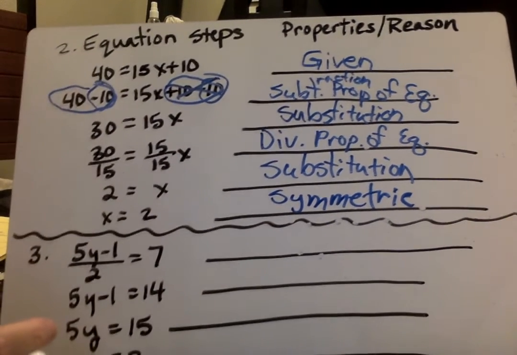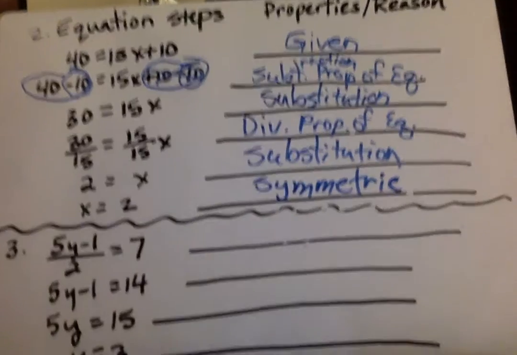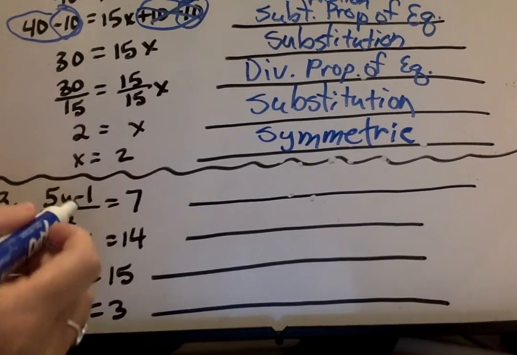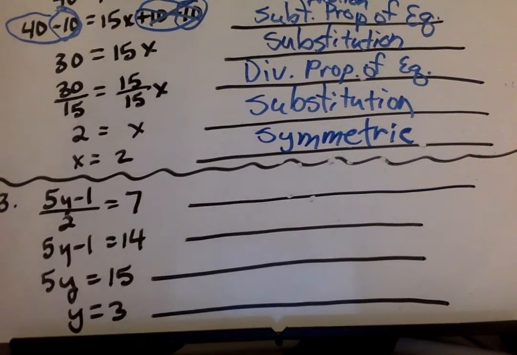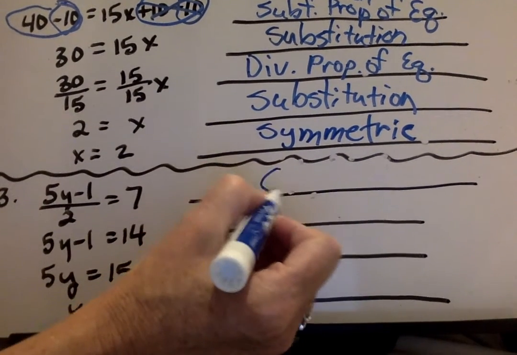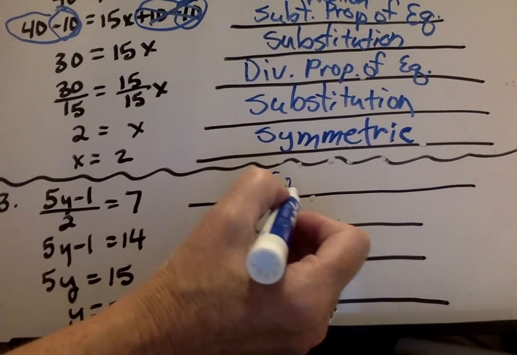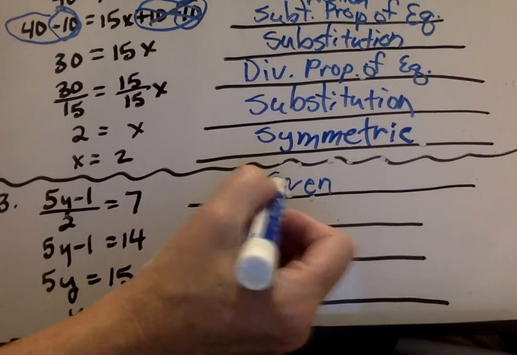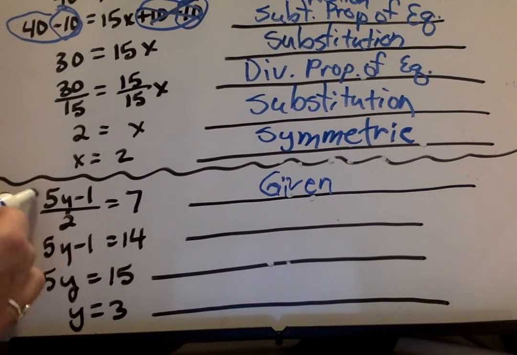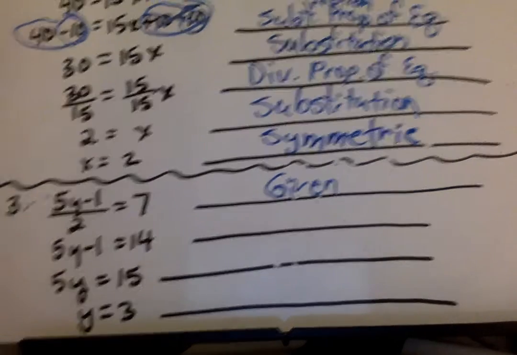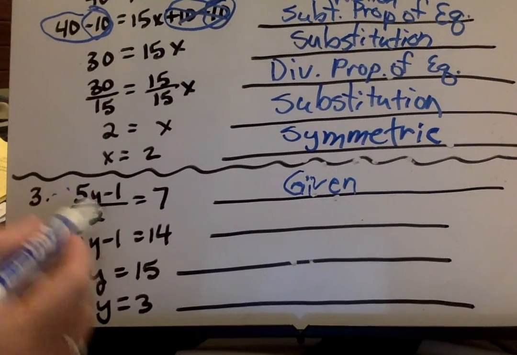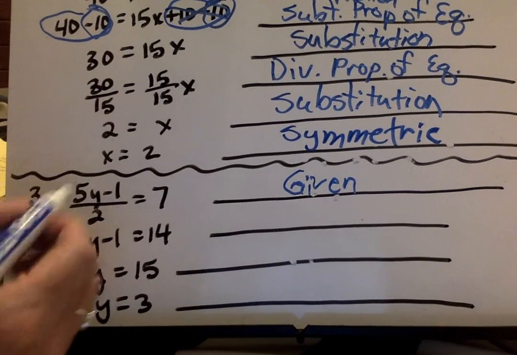We'll go ahead and do number 3. Whoops. We'll go ahead and go down here, do number 3. And what do I put in the first spot? That's correct, given. Everybody write given. Okay, then we say what happens from here to here? Well, the 2's gone, and that says 14.